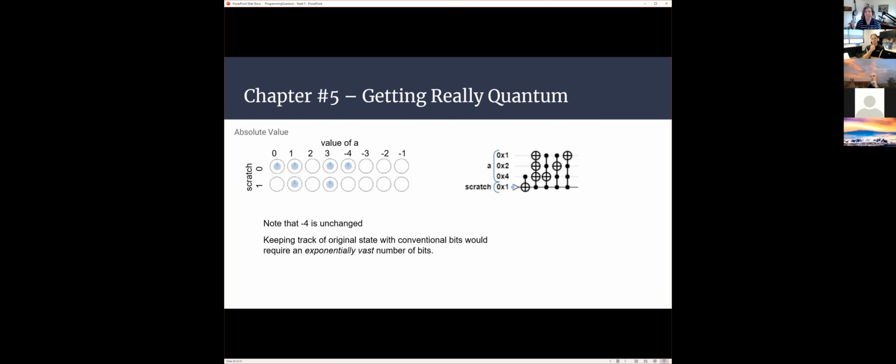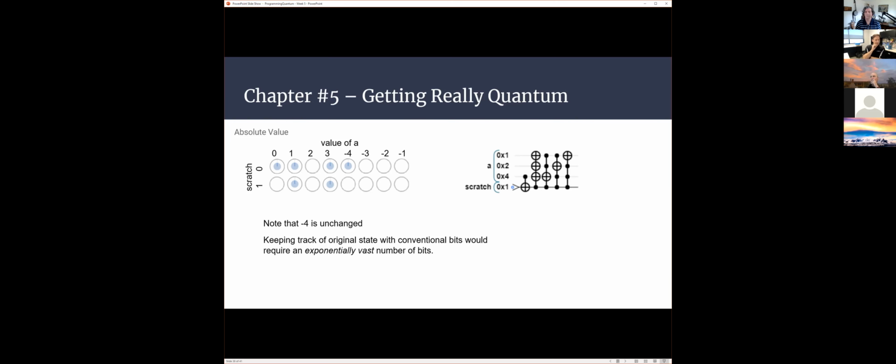Well, the problem is when you use a scratch bit, you've entangled it. So let's just reverse the operation. Well, when you reverse the operation, you're technically destroying what you tried to do using your scratch bit in the first place. So he actually gets into some pretty neat concepts.